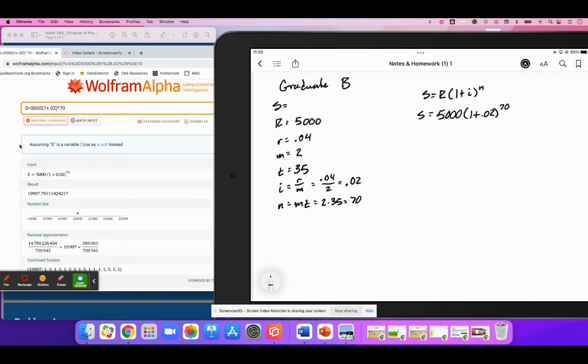And so that $5,000 does pretty good. It turns into almost 20 grand just by sitting there doing nothing. So S is going to be 19,997.79.